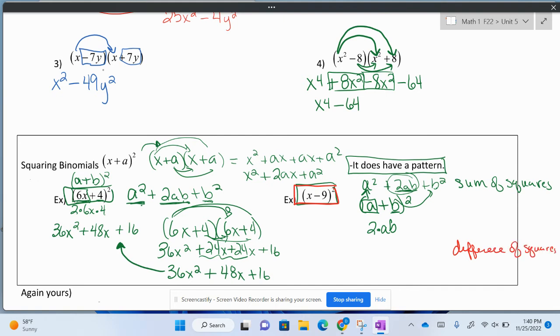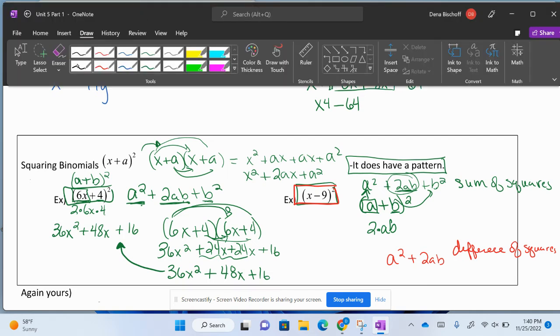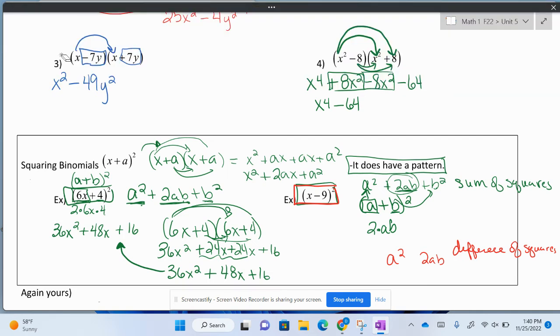And the way that we do that, kind of the same idea: a squared plus 2ab, a squared minus 2ab, because those are negative, a squared minus 2ab plus b squared. And I want to show you why that is. If I have a minus b, the quantity squared, well, that's a minus b times a minus b.